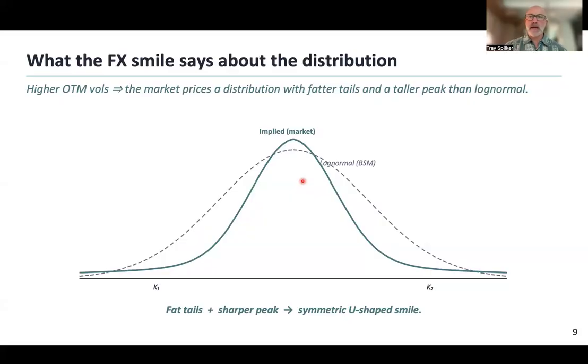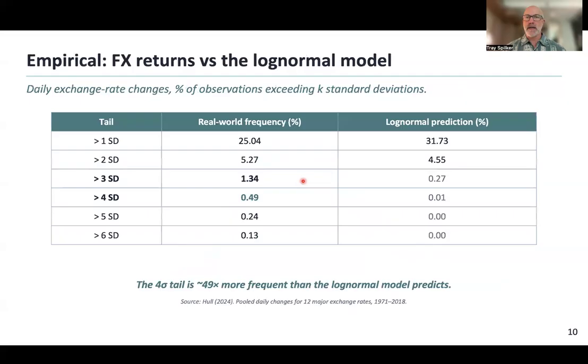So how does this hold up empirically? Well, here's the empirical evidence that the market is sort of responding to. Each row here counts the fraction of daily exchange rate changes that exceed 1, 2, 3, 4, K standard deviations. Obviously, this is where we're estimating volatility from the sample using the practitioner approach.